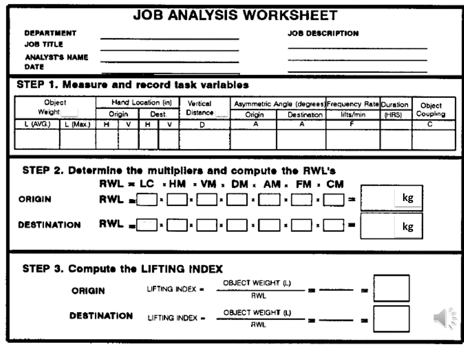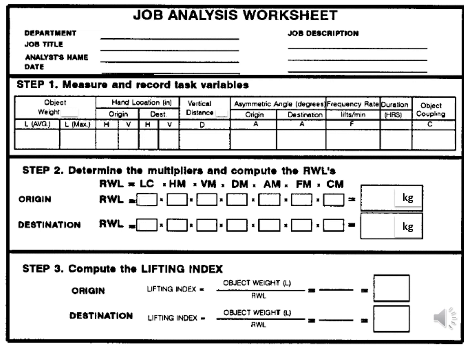The second step is to determine the multipliers and compute the RWLs. After we obtain all the measurements from the recorded task variables, we calculate on a separate piece of paper to identify the multipliers of each variable.